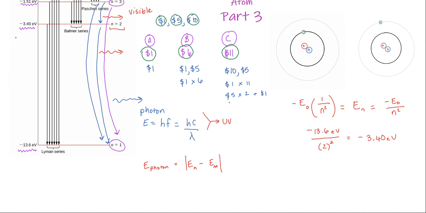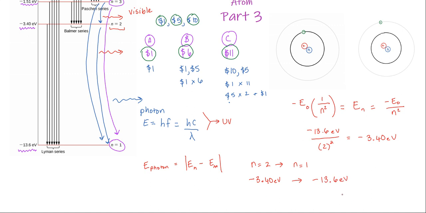So let's see, if I'm going from n equals 2 to n equals 1, I'm going to make the calculation. I figured out how much energy I have at n equals 2, and that's negative 3.40 electron volts. And I know at n equals 1, I have negative 13.6 electron volts.